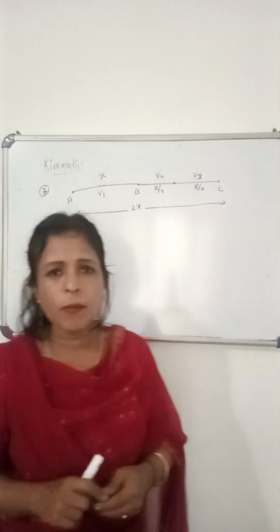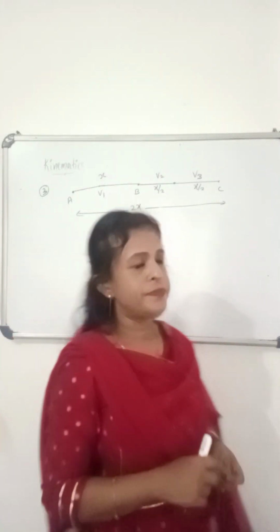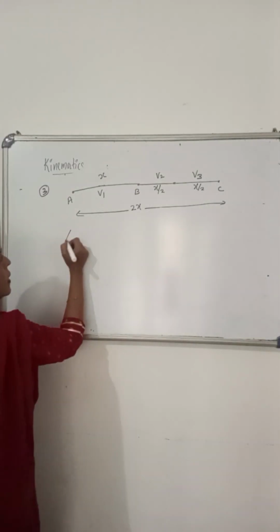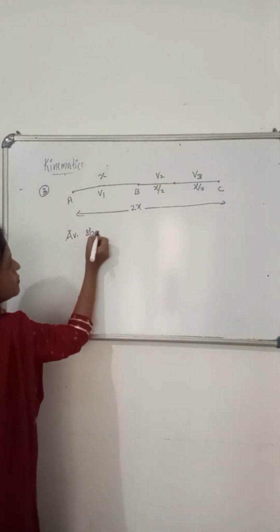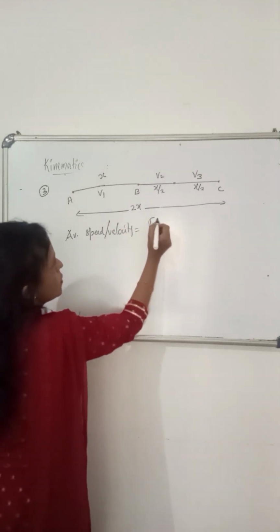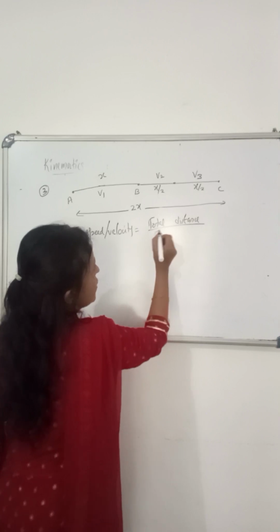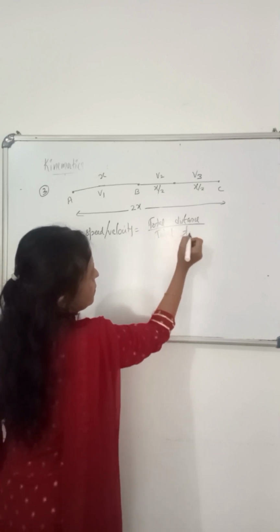In this case both are the same because the displacement is not equal to 0. The displacement is equal to the distance. So the average speed or velocity equals total distance or displacement divided by total time.